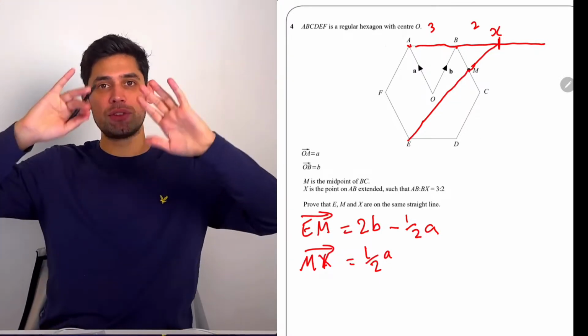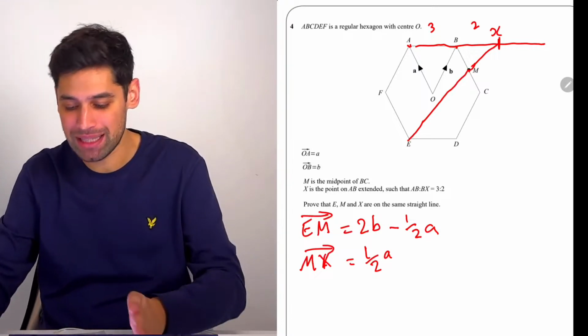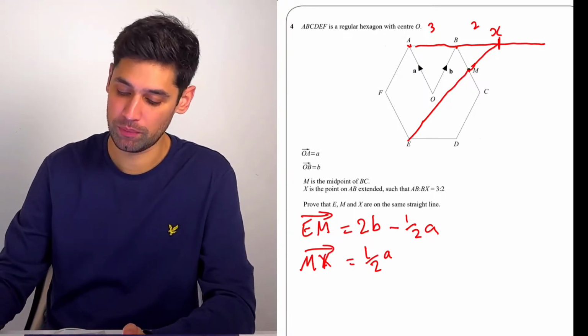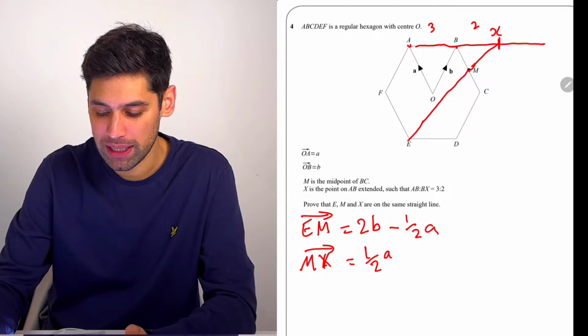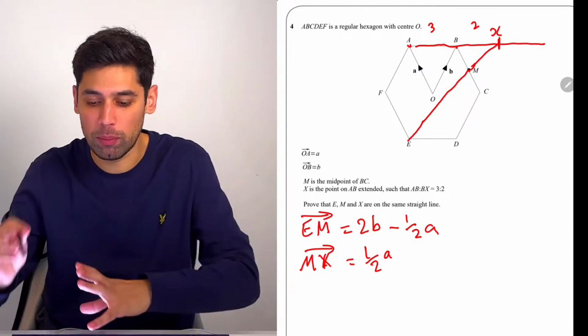But now how do we get from B to X? And this is the toughest part of the whole thing. All we know about BX is it's the same direction as AB, but it has a length of 2 compared to a length of 3.